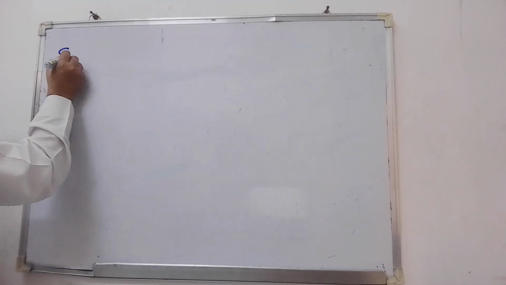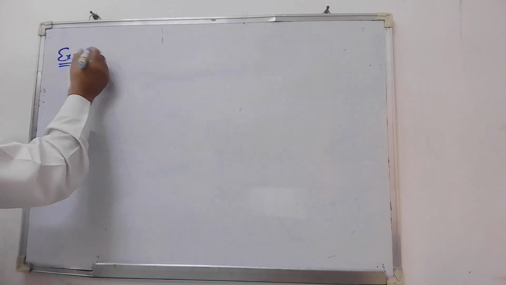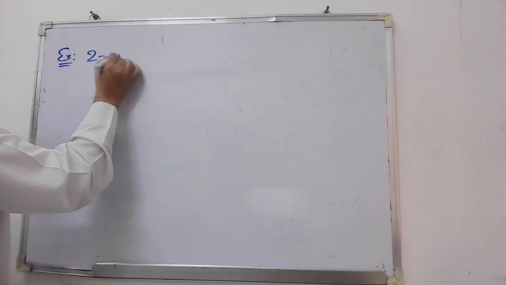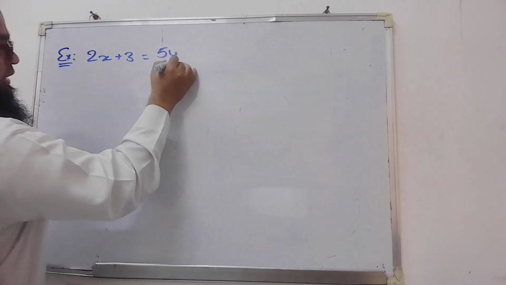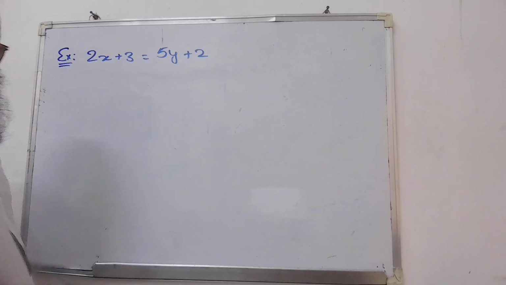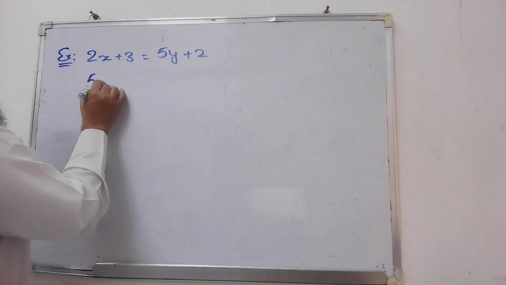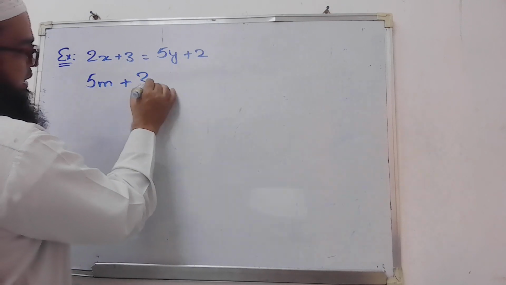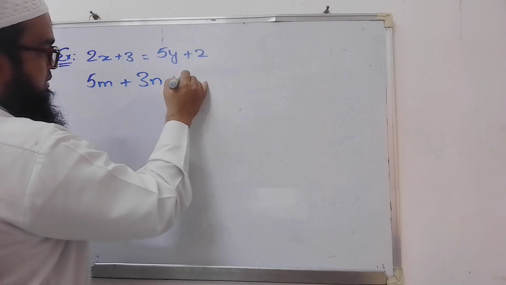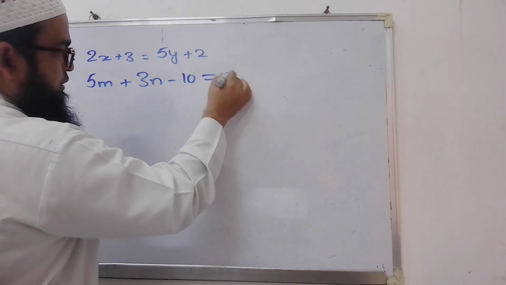So examples we have studied of linear equations in two variables are 2x plus 3 is equal to 5y plus 2. Or you can call it 5m plus 3n minus 10 is equal to 0.